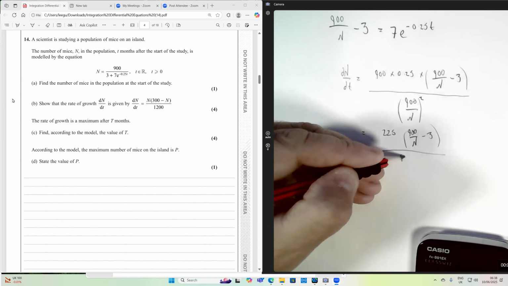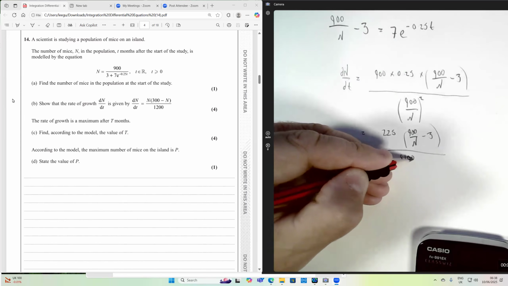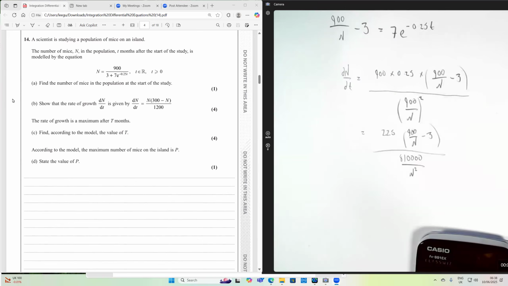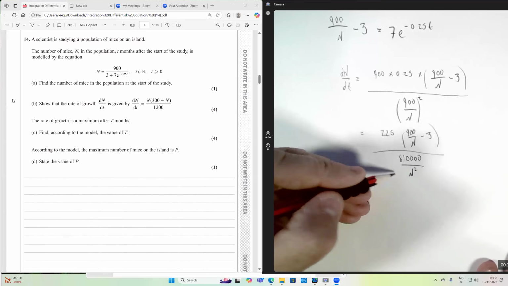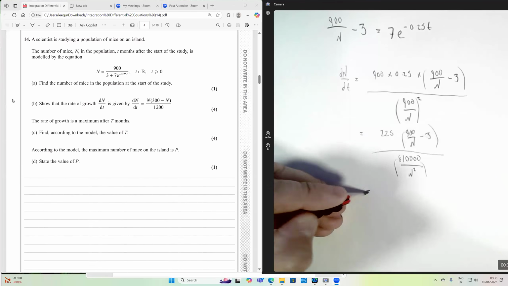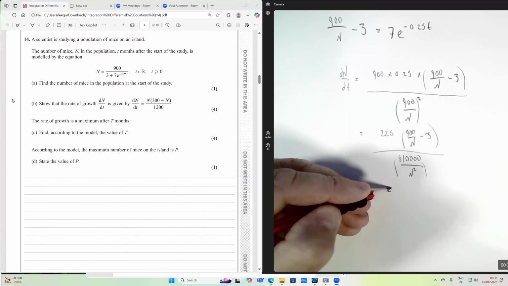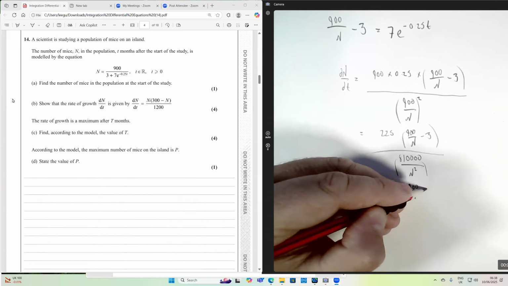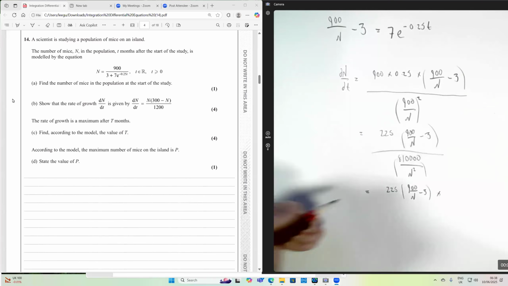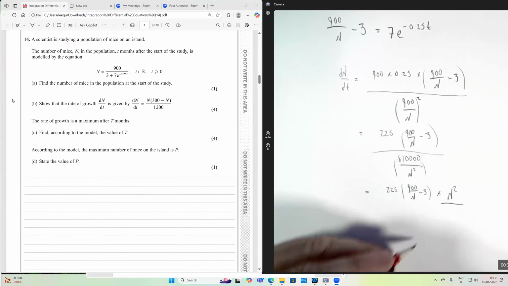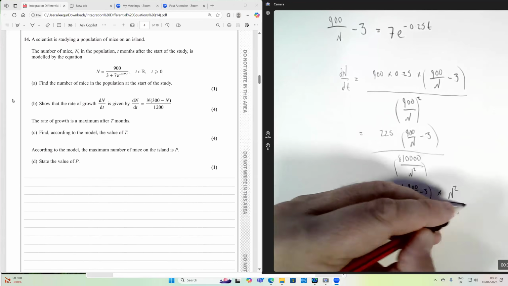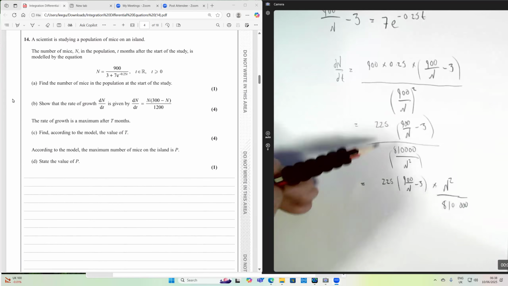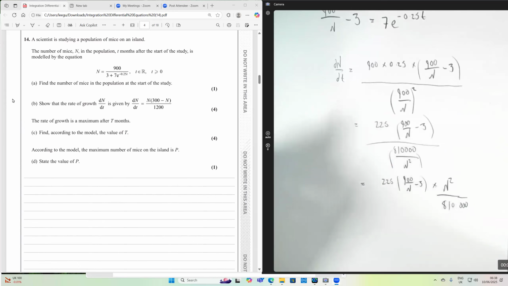So it is 81 and 4 zeros over n squared. Now remember, dividing by a fraction is the same as timesing by its reciprocal. So this is the same as 225 times by 900 over n minus 3 multiplied by n squared over the 810,000, like so. So all I've done is just say dividing by this is the same as timesing by its reciprocal.